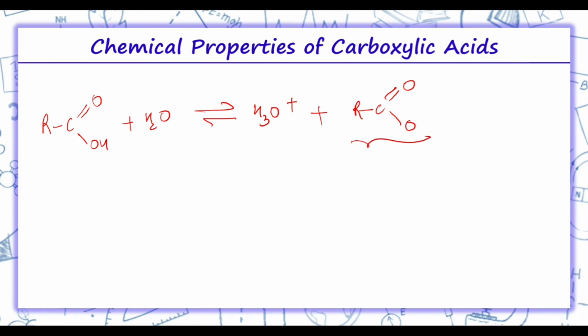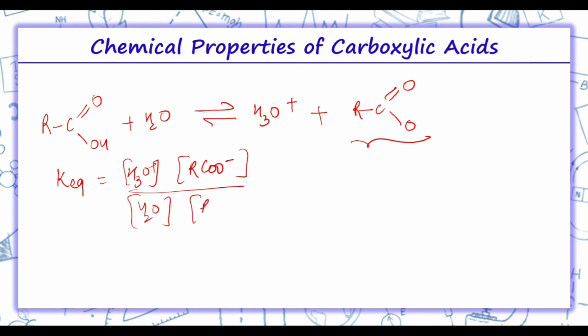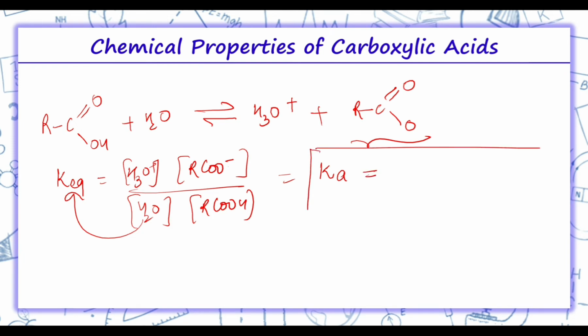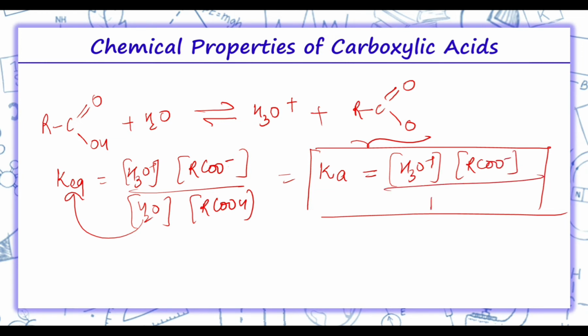We can write the equilibrium constant as H3O plus into RCOO minus by H2O into RCOOH. Now when H2O is multiplied with the equilibrium constant, it becomes Ka, which is the acid dissociation constant. Thus the value of Ka comes out to be H3O plus into carboxylate ion by acid.